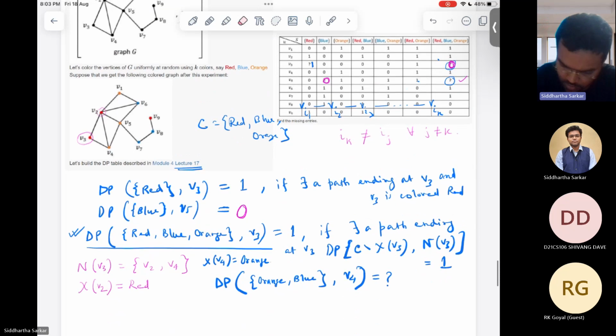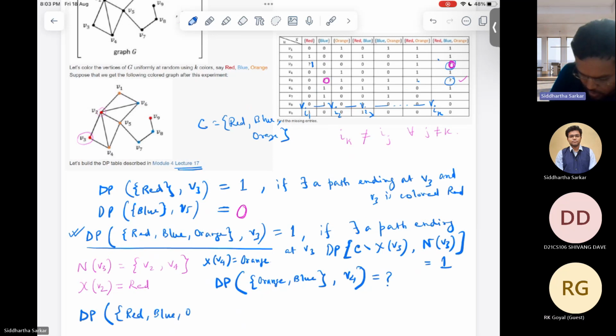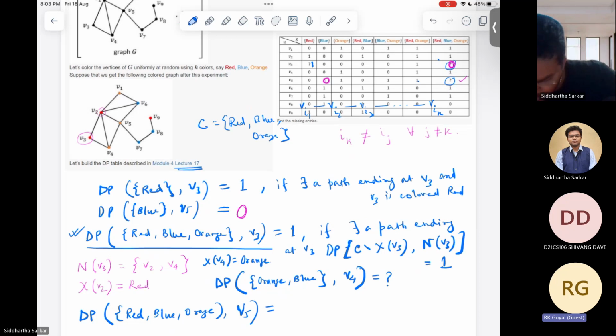All right. So we are asking the question: what is the DP table entry corresponding to red, blue, orange, comma, V5? The color of V5 is orange. So I look for its neighbors which can have the value red or blue.